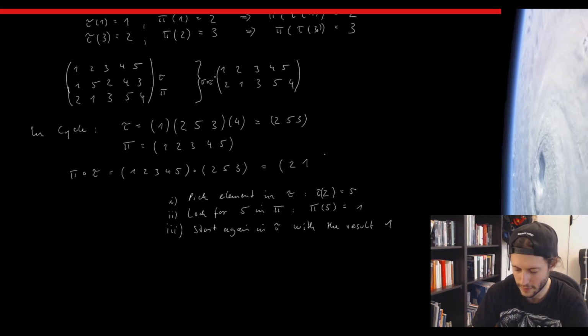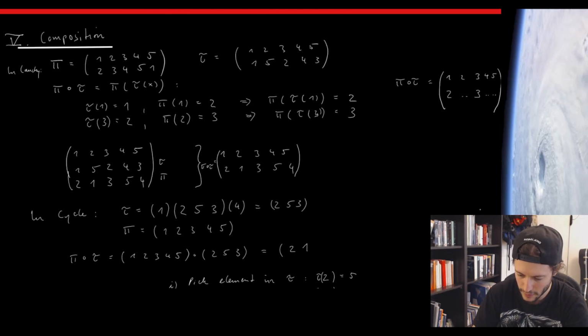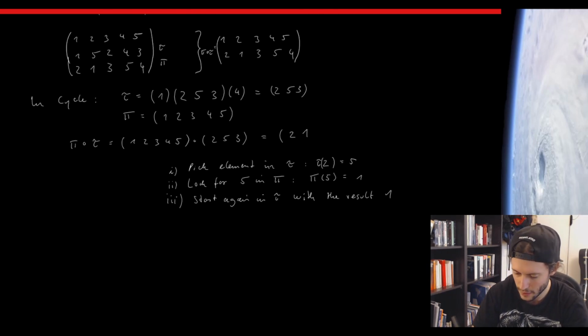There's no 1, so 1 is left as it is. Let's look this up real quick in tau, yeah, up here. So that's right. And now 1 gets mapped to the 1, and in pi, 1 gets mapped to the 2. So this one finally gets mapped to the 2 again. So we can close this bracket. Easy.